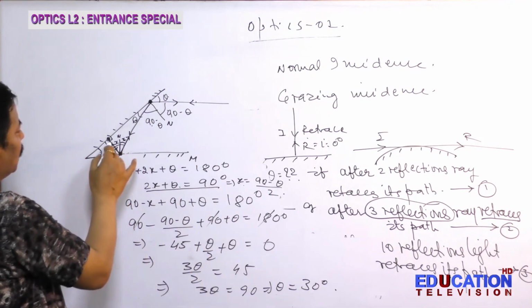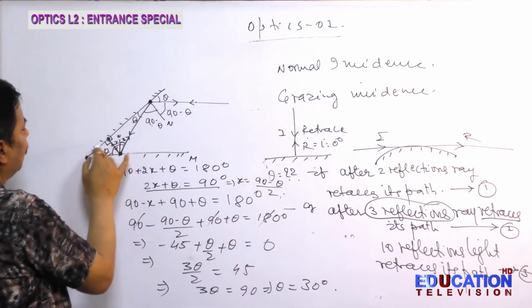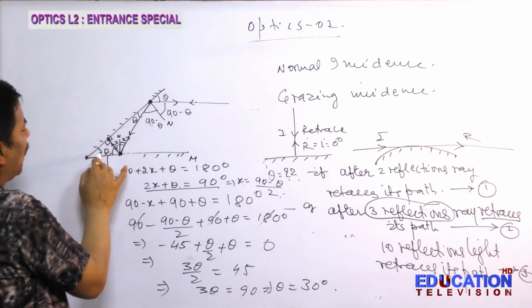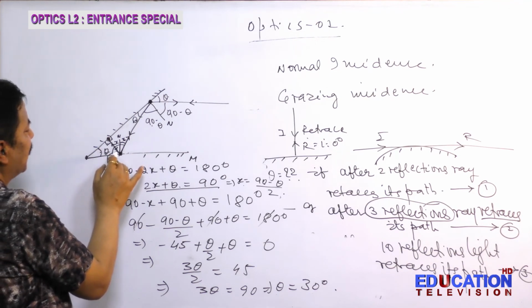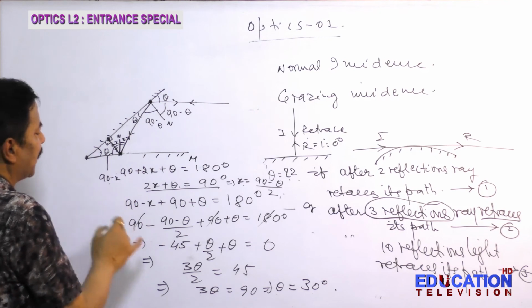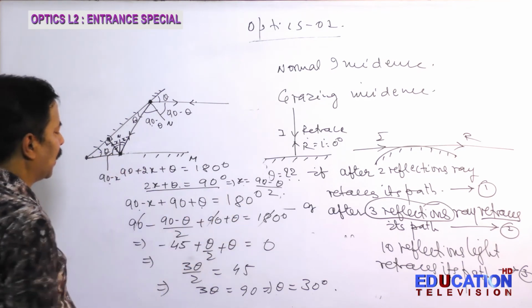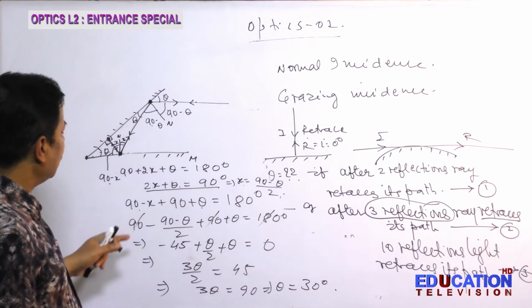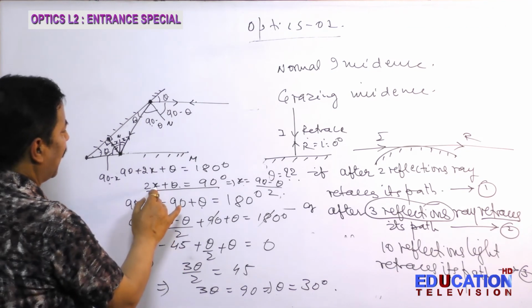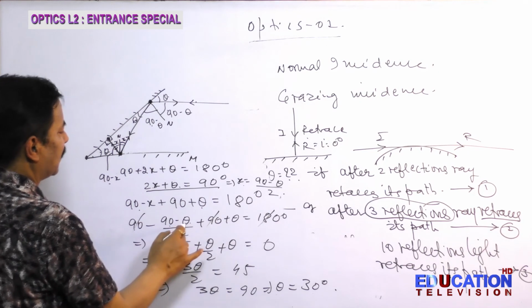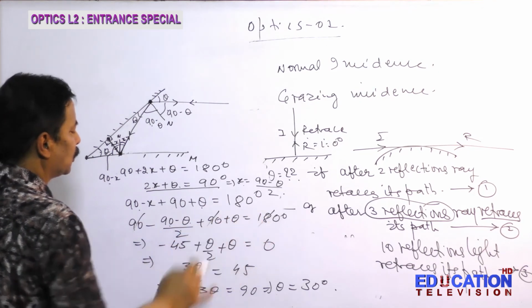If we come into this triangle, then theta plus 90 plus this angle, which is 90 minus x: 90 minus x plus 90 plus theta is equal to 180 degree. At the place of x I am writing 90 minus theta by 2, so 90 minus theta by 2 plus 90 plus theta is equal to 180 degree.